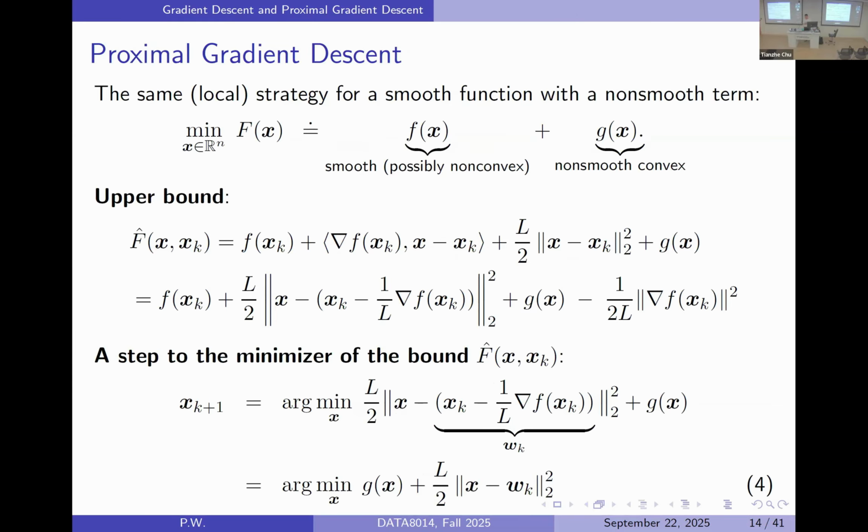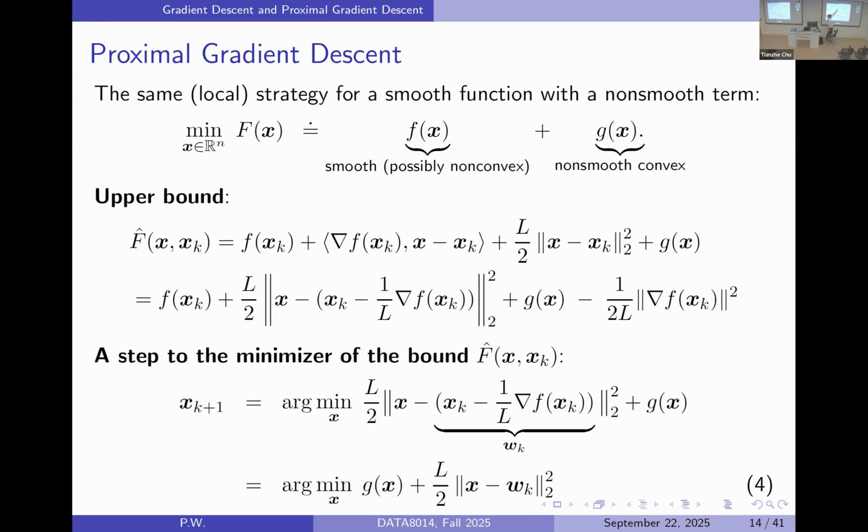Well, let's go further. We just considered a very simple case, right? A smooth function, smooth and possibly non-convex. But if we have some non-smooth term, how to handle it? Actually, this is also well studied in the literature. Here we consider f(x) to be a sum of a smooth, possibly non-convex function with a non-smooth convex function.